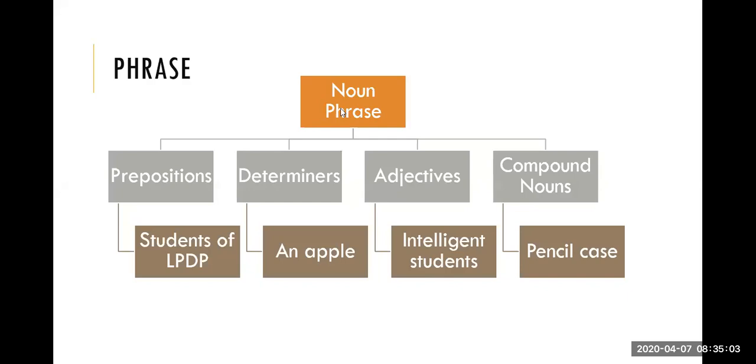These adjectives we put to give a description of the noun that we use. Like, for example, intelligent students. And later on, of course, we can also combine this with the determiners like two intelligent students.